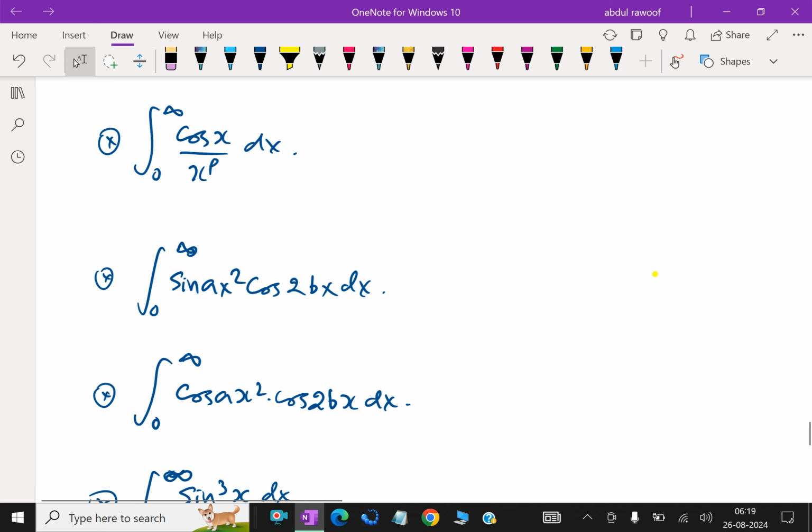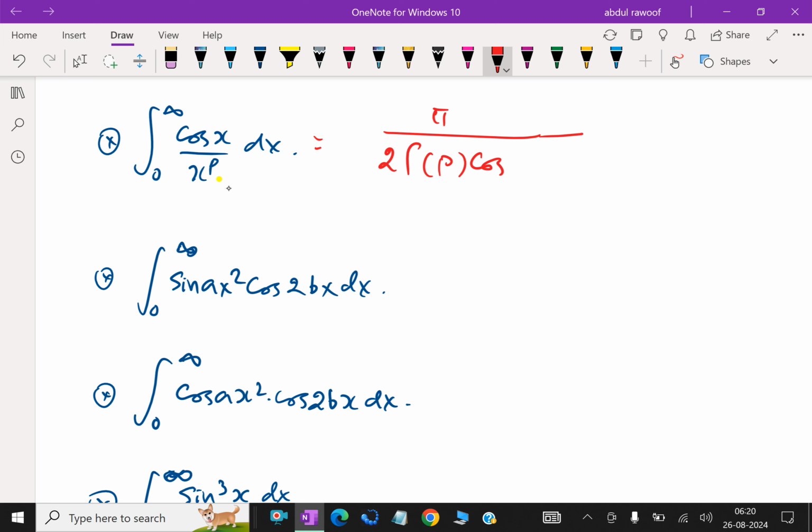Next one, integral 0 to infinity cos x over x power p dx equal pi over 2 factorial of p cos of p pi by 2. Here also the condition p is greater than 0, lesser than 1.